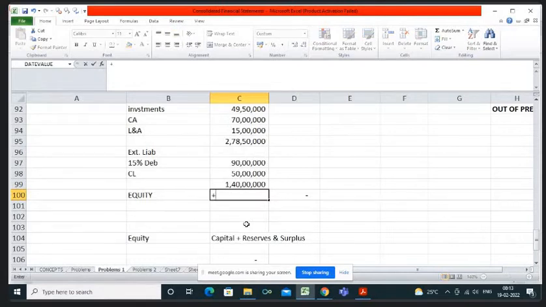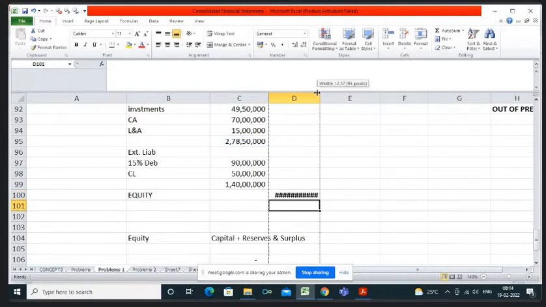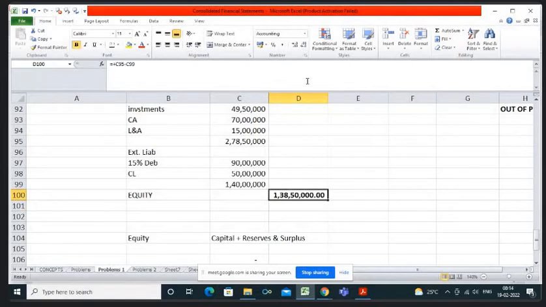So now what is the net equity amount? The amount of equity is assets minus external liabilities. It is 1 crore 38 lakh 50,000.